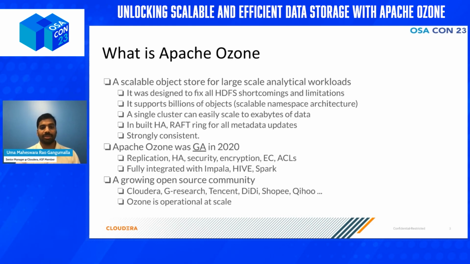Our community is really fast growing, with many active contributors from Cloudera, G Research, Tencent, DT, Shopee, and more. Many other contributors are coming in through our Slack channel, which has closely 300 people. Some users have already deployed Ozone at scale, and they're running it.